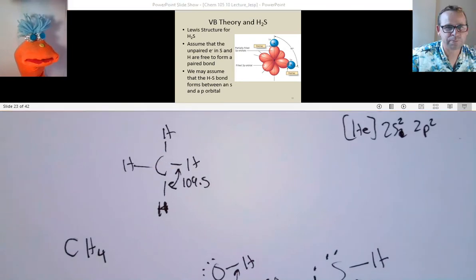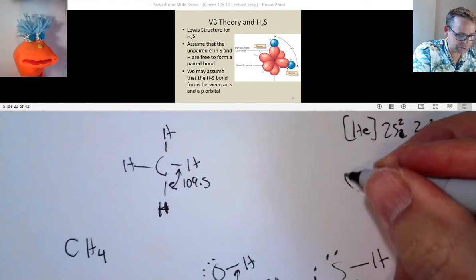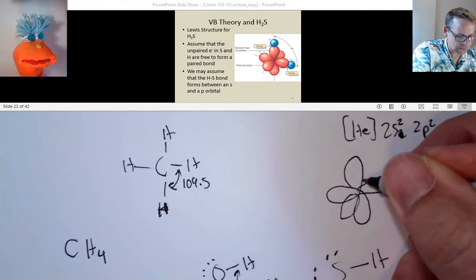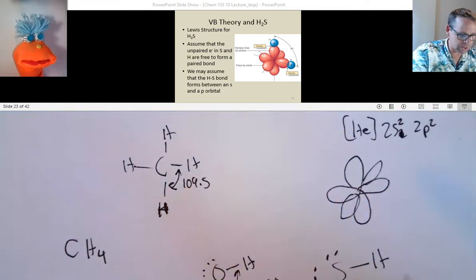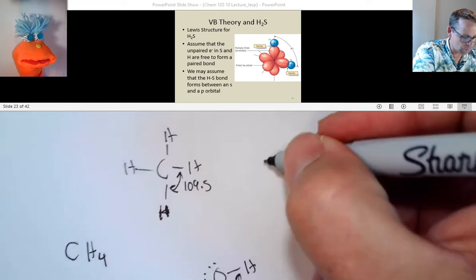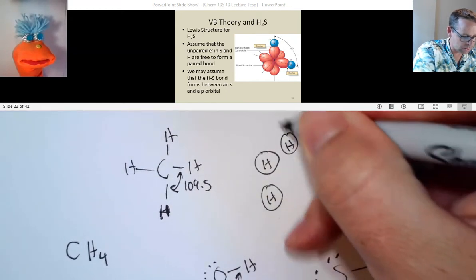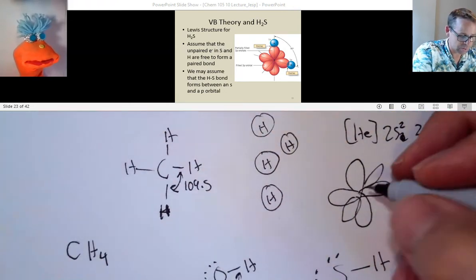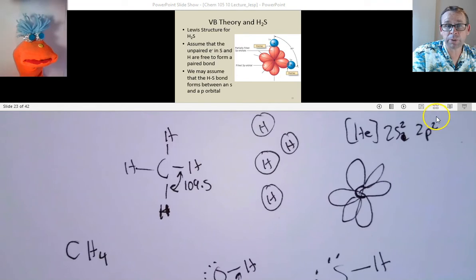If we were to draw the 2p orbitals, x, y, and z, and show the hydrogens coming in with their 1s orbitals, 4 of these hydrogens need to bond to this carbon. This is our carbon, and these are the p orbitals. We only have 2 electrons in our 2p, and we need a total of 6.